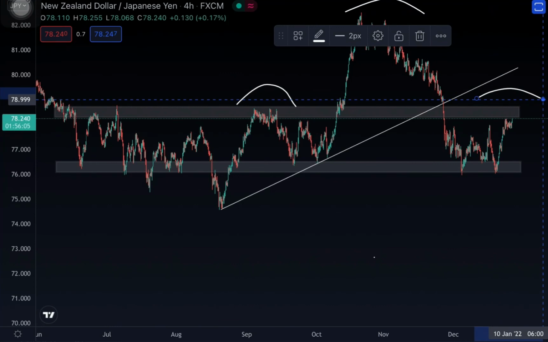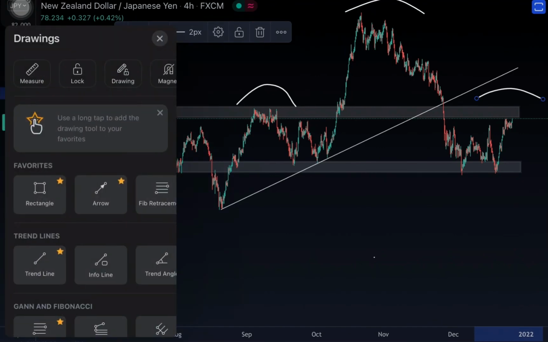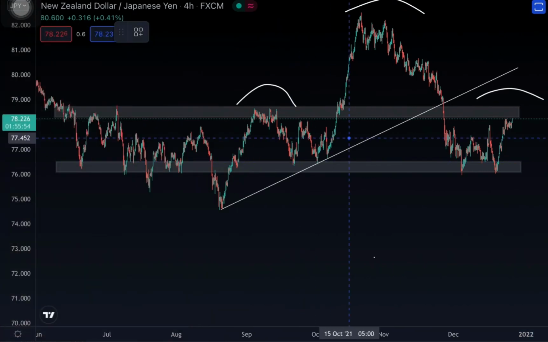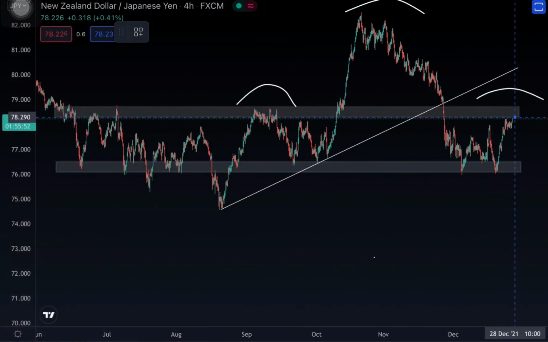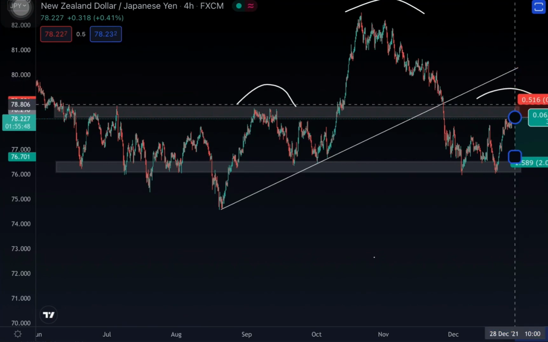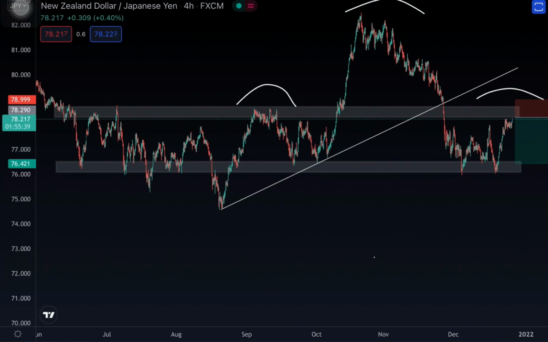After that we have another theory, a well-respected resistance zone, and we can enter after the confirmation of a candlestick in here. We put our SL above the resistance zone, and as you see, always when the price reaches this zone, price reacts and falls until the next support zone.